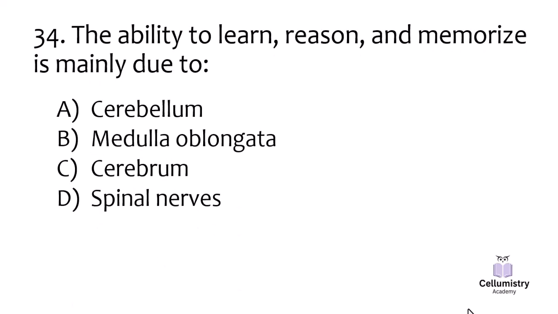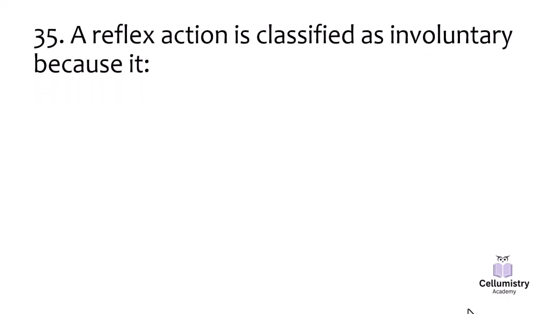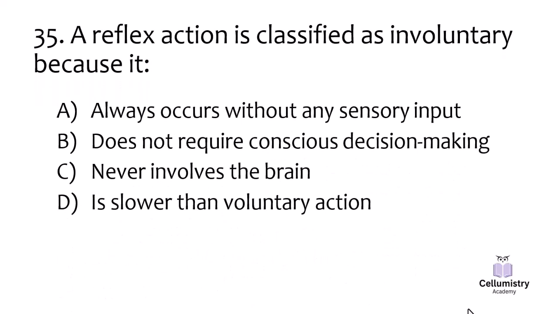The ability to learn, reason and memorize is mainly due to. Answer is C. Cerebrum. A reflex action is classified as involuntary because it. Answer is B. Does not require conscious decision making.